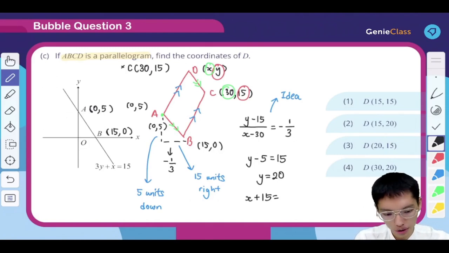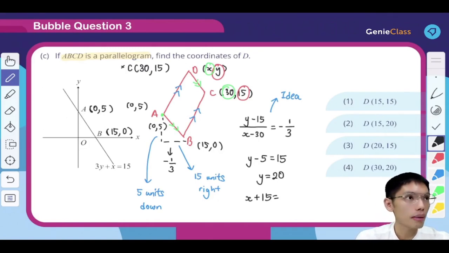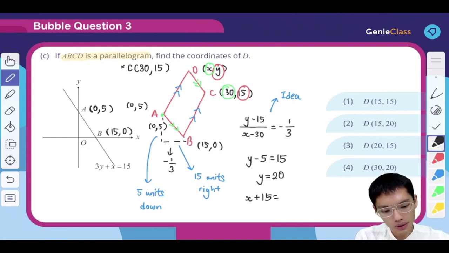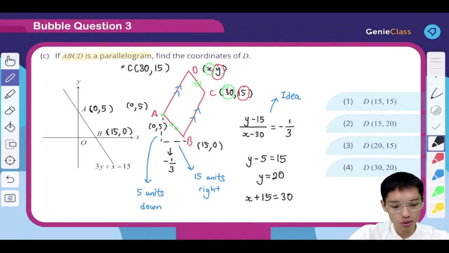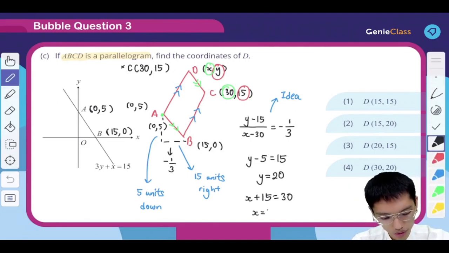Okay, I might have confused myself. Let me take a look first, sorry for that. Yes, correct. x plus 15 is equal to 30. Because what happens, x is initially here, go 15 units to the right, it goes to 30. So it's more like backtracking. So therefore, I have x is equal to 15.